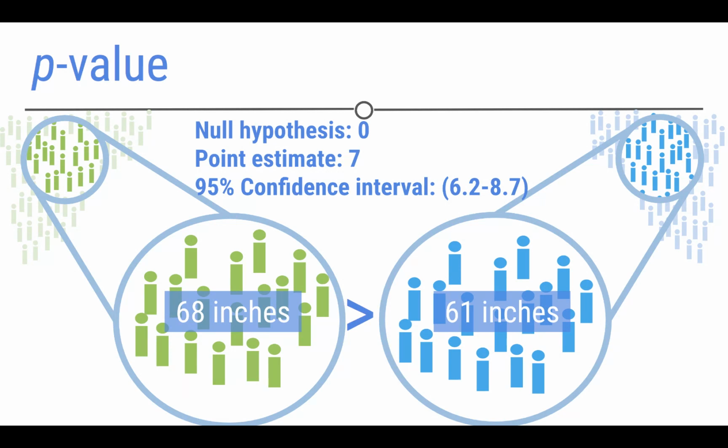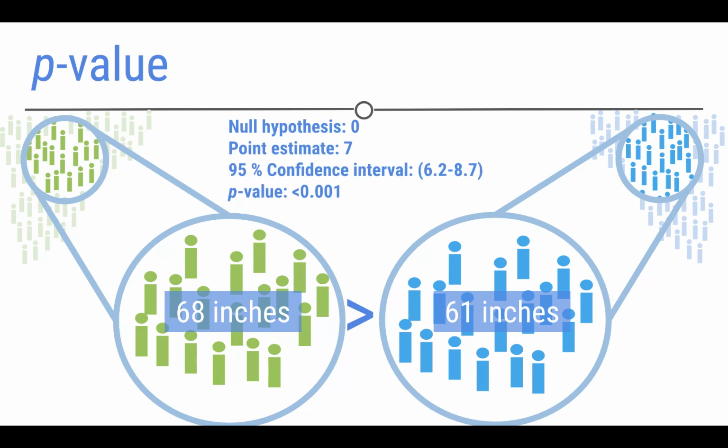So revisiting that heights example, the null hypothesis is that there's a difference in heights of 0, or that the heights of the two groups are equal. And the observed difference in heights, that point estimate, is 7. From the uncertainty section that we discussed previously, the 95% confidence interval for the point estimate is 6.2 to 8.7.